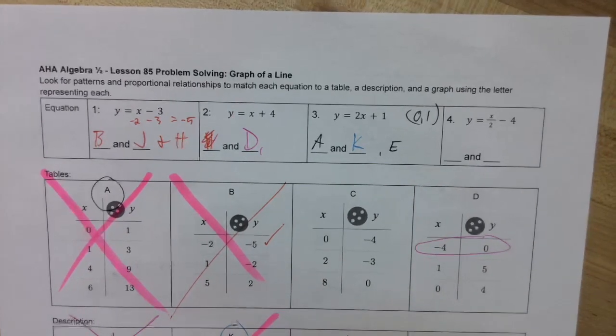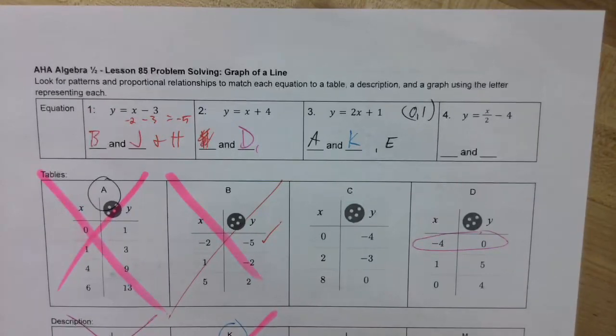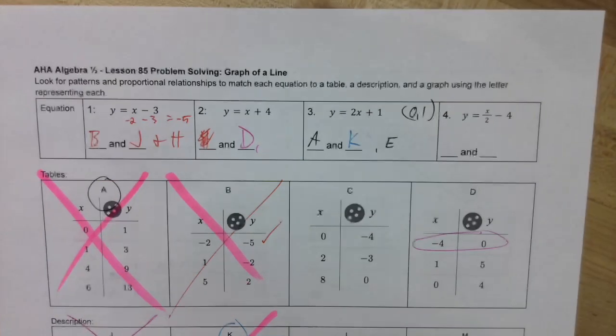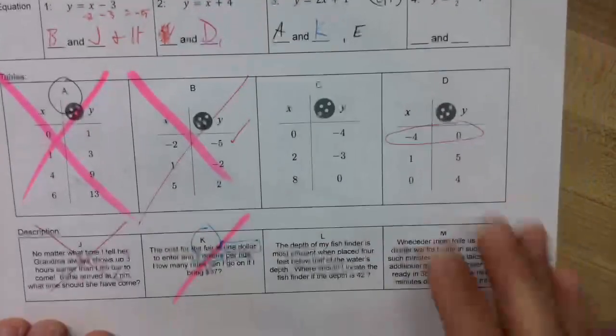The depth of my fish finder is most efficient when placed 4 feet below half of the water's depth. When you guys read the descriptions, the last 2, which one seems to match up with y equals x plus 4? You see, the fish finder problem says 4 feet below. That's kind of an indicator that I don't think that's going to be right.